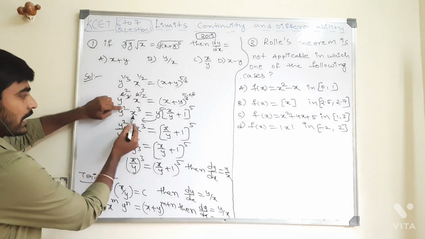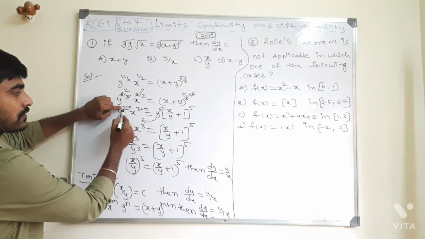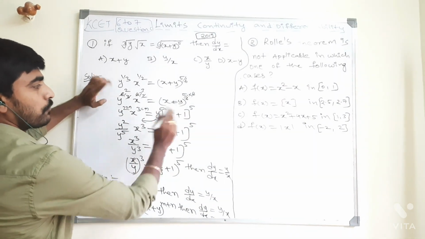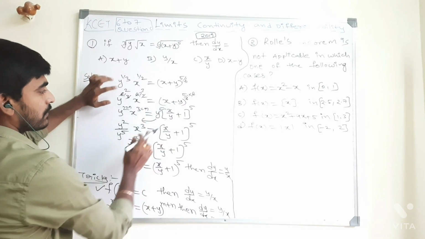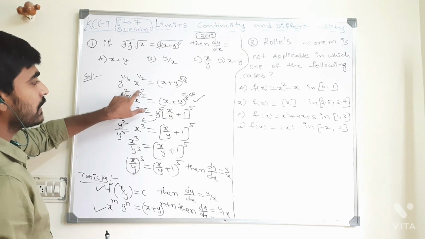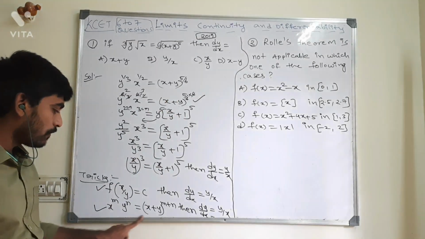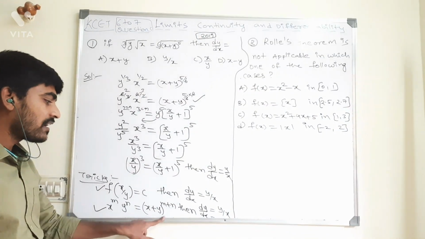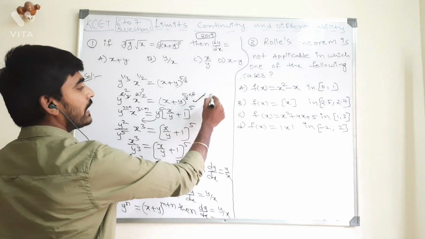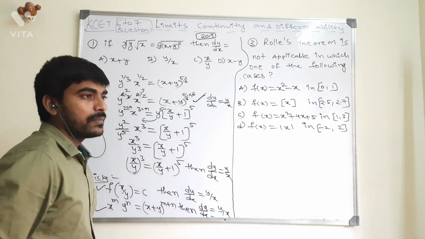Here m plus n, 2 plus 3, is 5. So at this step, y square x cube, 2 plus 3 is 5, so x plus y whole power 5. If this pattern is there also, then dy by dx is y by x. In the second step itself I found dy by dx is nothing but y by x.